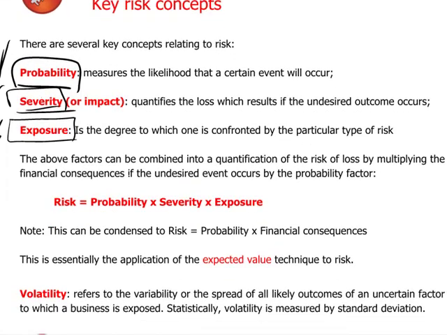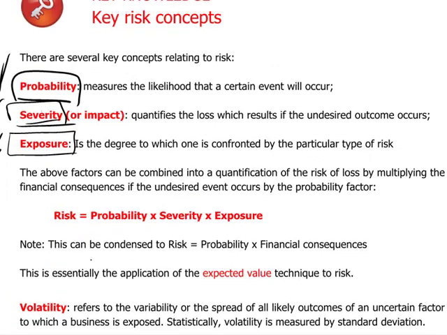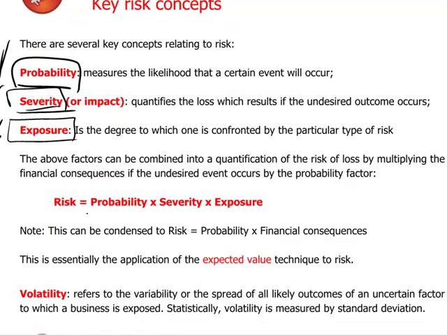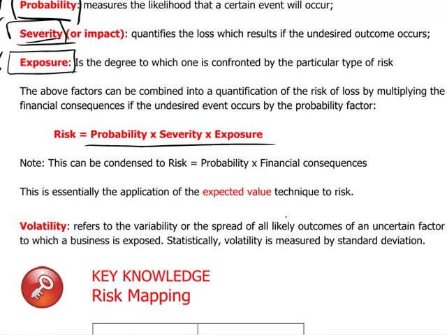You can put all these factors together by saying that risk is effectively the product of probability times severity times exposure. And in some literature, this is also reduced to simply probability times the financial consequences. You can see here that severity times exposure would translate into the consequences, the financial magnitude of the impact on our organization.